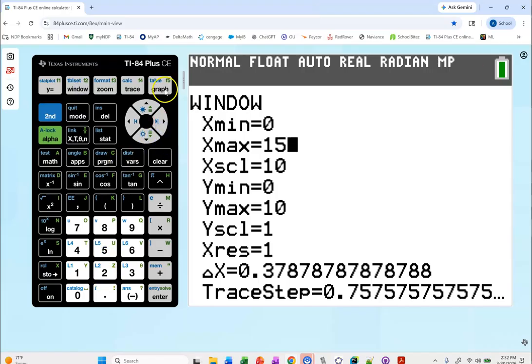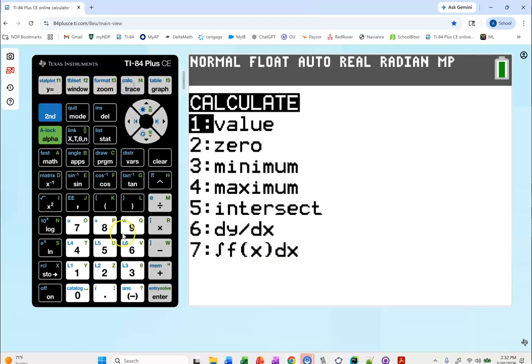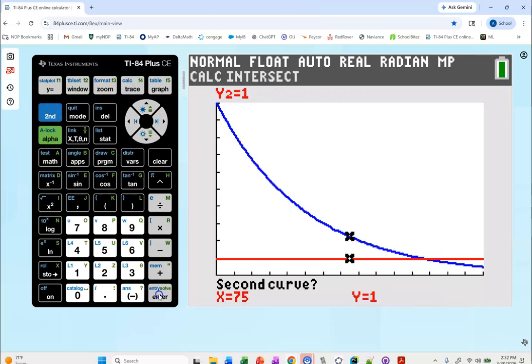I'm just going to make that 150 or maybe try 200 or something. It doesn't really matter. It just has to be big enough so they cross. All I really care about is making sure I can see the intersection. But there they do. So I'll do second trace, intersect command, enter, enter, enter. So I have 116.3 days.